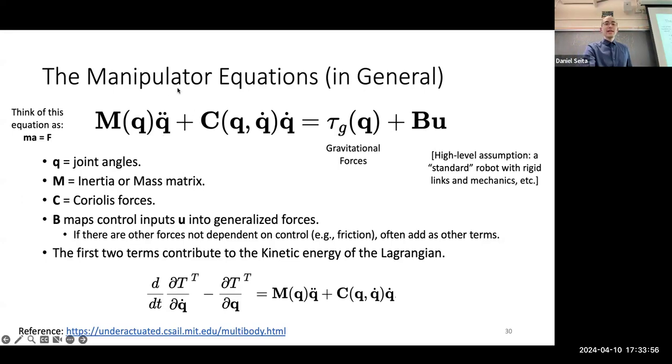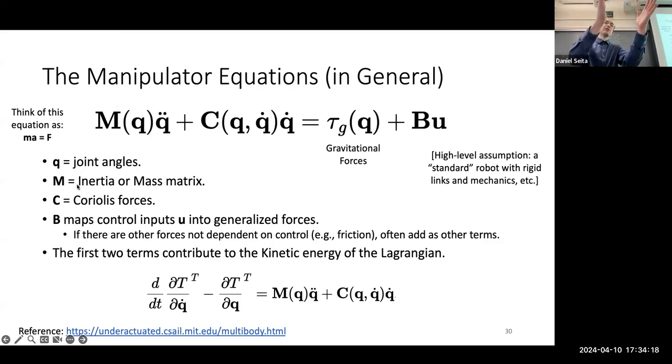So this equation tries to relate things like your mass matrix times the acceleration of the joint plus the C matrix, which is dependent on your joint angle and then their velocity. This captures the Coriolis forces.